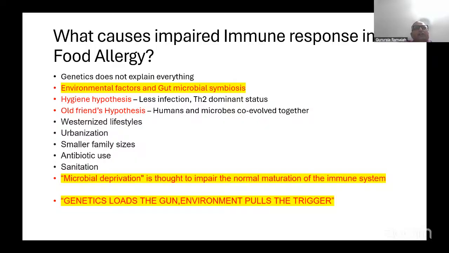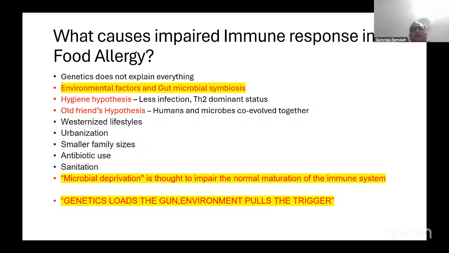There was the hygiene hypothesis, proposed in 1989, based on the epidemiological observation that children from larger families, who presumably were exposed to more infections, had a lower incidence of allergy, particularly allergic rhinitis. This initial theory held that a lack of early infections led to an improperly tuned immune system, leaving it skewed towards a Th2 state. Over time, this hypothesis evolved.